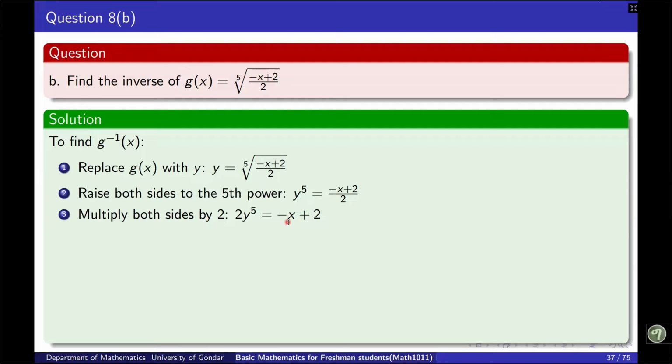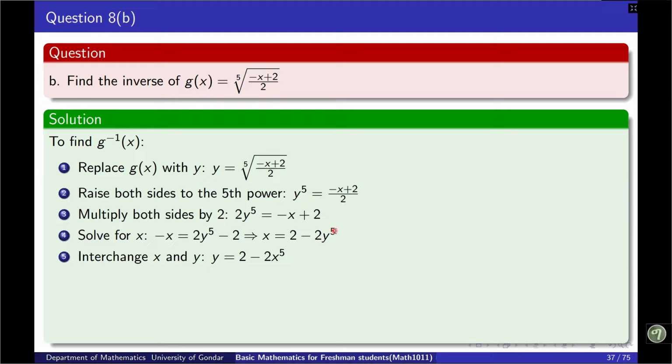Then taking x to the left and the other term to the right side, we have x is equal to 2 minus 2 times y to the power of 5. Then interchanging x and y, we have g inverse of x is equal to 2 minus 2 times x to the power of 5.